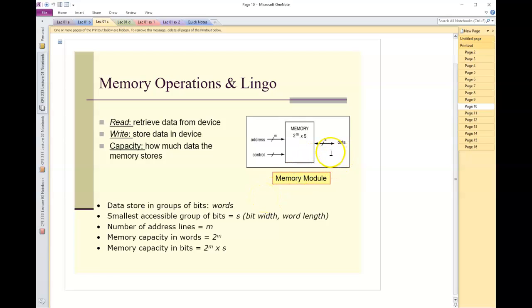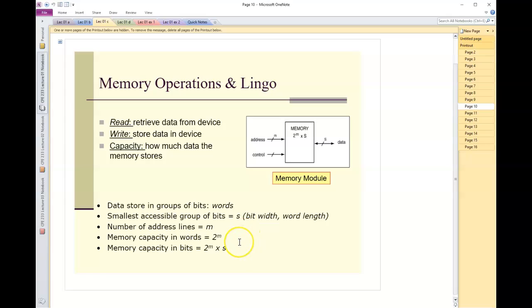S is technically the smallest chunk of data I can get out of this memory at one time. You're getting chunks of data, and if you need a single bit in there, you have to delve down and get that bit. So the overall capacity in bits of a memory like this is 2 to the number of address lines times the width of the data output, which we're listing as S here.